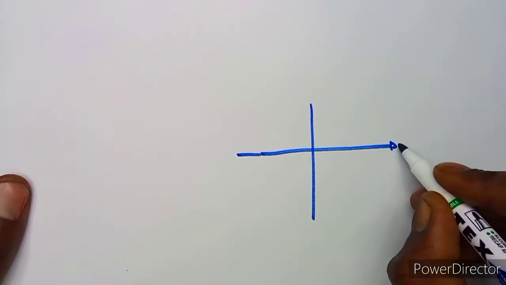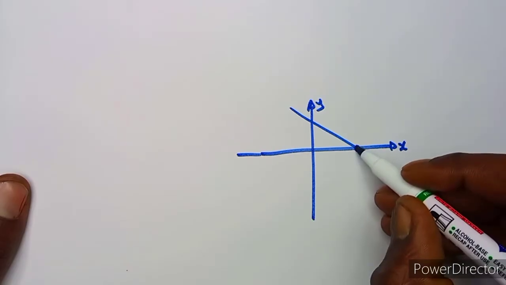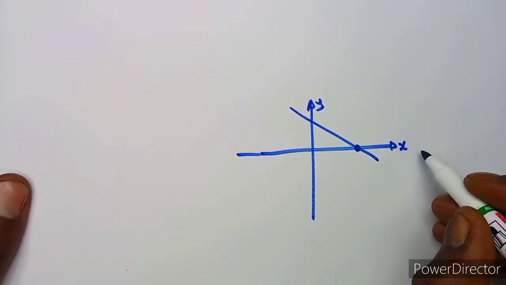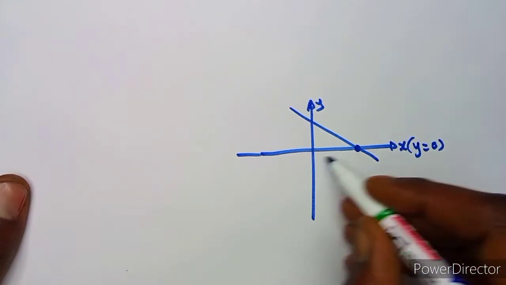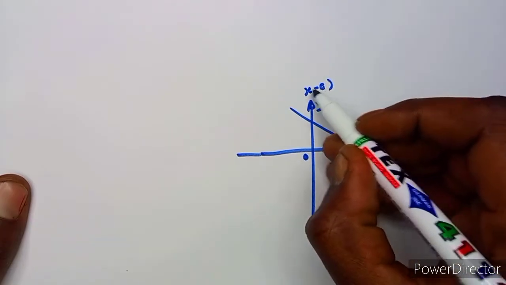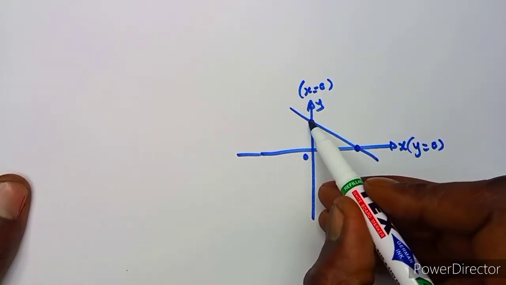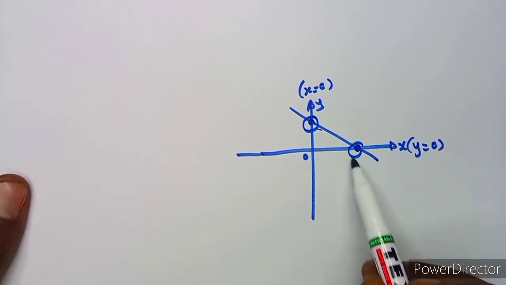This is my Cartesian plane, this is my x-axis, this is my y-axis, like this. This is the part where the line crosses the x-axis. At this point y is equal to 0. Along this whole line y is equal to 0, and along this line x is equal to 0. So this is your y-intercept where it crosses the y-axis, and this is where it crosses the x-axis.